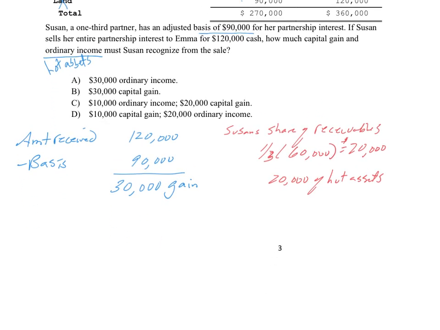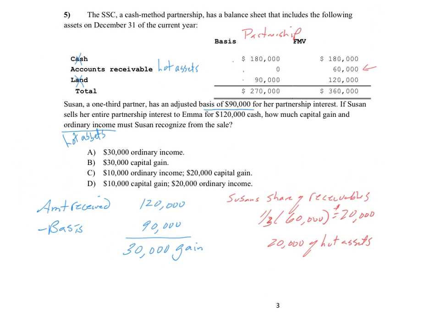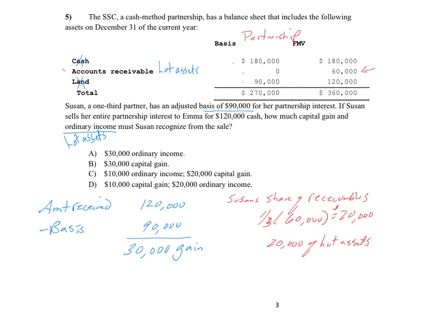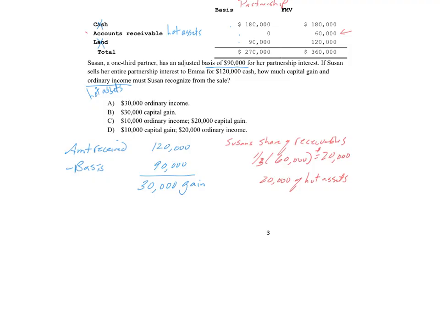Since there was only one hot asset, we don't have to allocate that $20,000 between assets at all. And we know that she's got $30,000 of total gain.